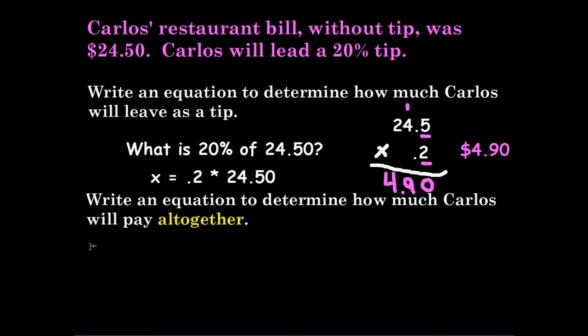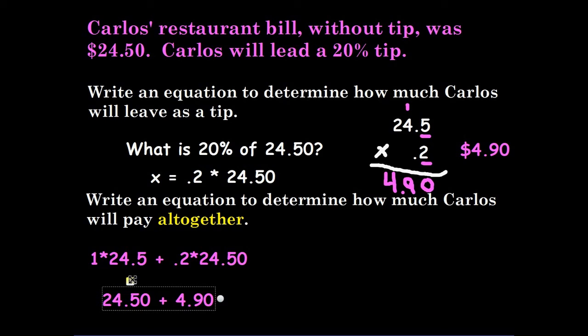So, some of you will have maybe said, okay, well, I need to know what is 100% of $24.50 and what is 20% of $24.50. So you might have said 1 times 24.50 plus 20% times $24.50, which we worked out will give us $24.50 plus $4.90.